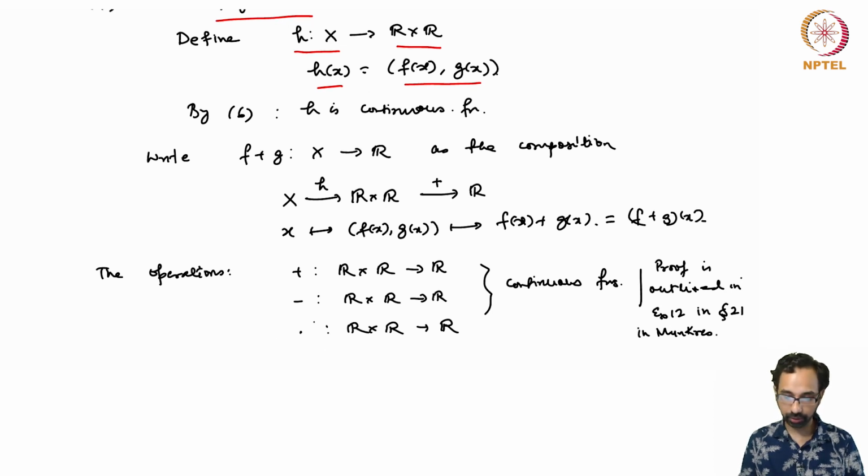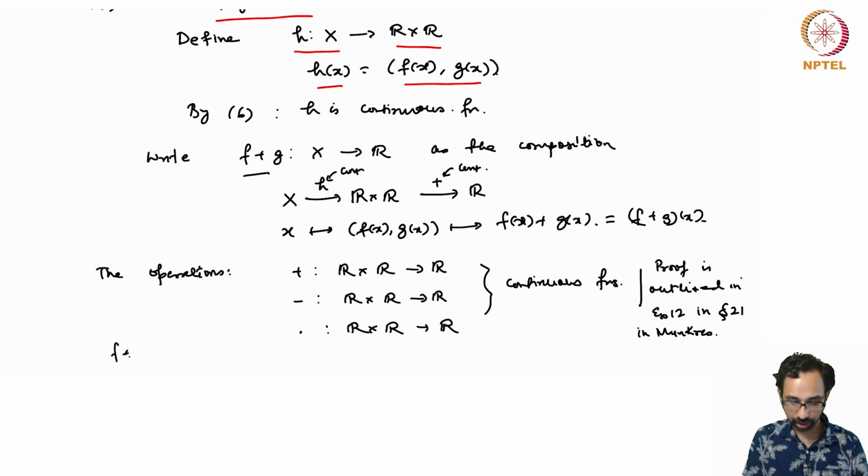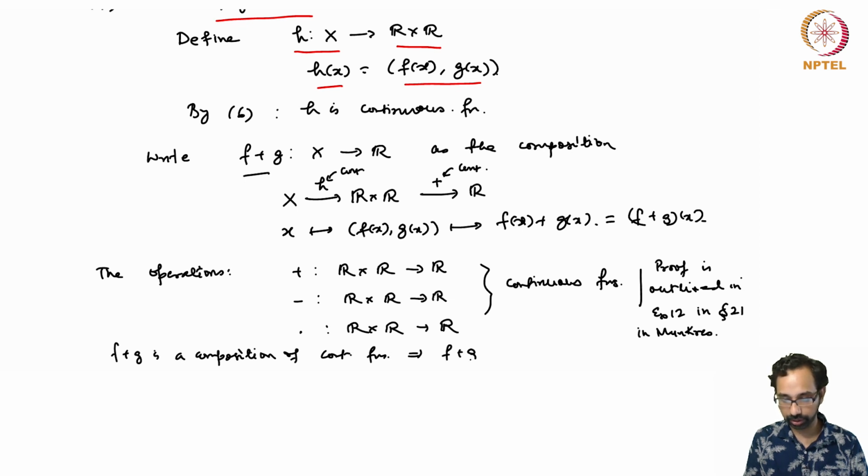And here we are going to use this. When you write f plus g as a composition, h is continuous and the plus operation is continuous, so f plus g is a composition of continuous functions, and this means that f plus g is continuous.